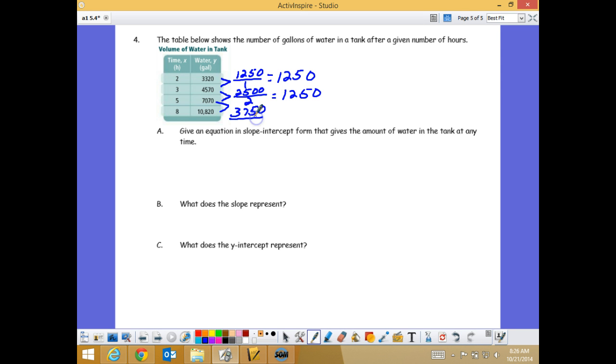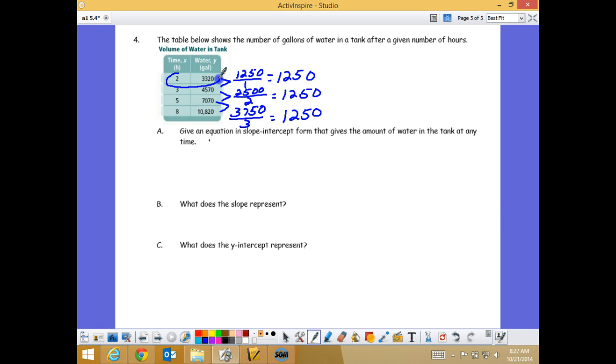This time the change in hours is 3, so I'm going to divide that by 3. I also get 1,250. So the rate of change is constant, and so the slope is 1,250.